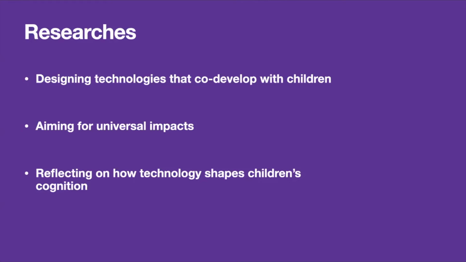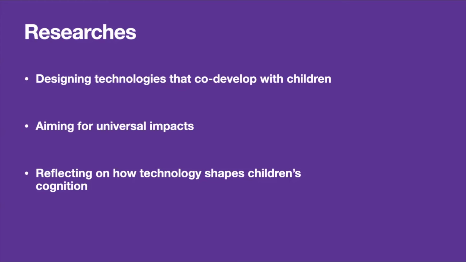And the second one, aiming for universal impacts. This means we need to ensure that we design technologies that can make a difference for all children in the world, regardless of their culture, socio-economic status, or specific need.